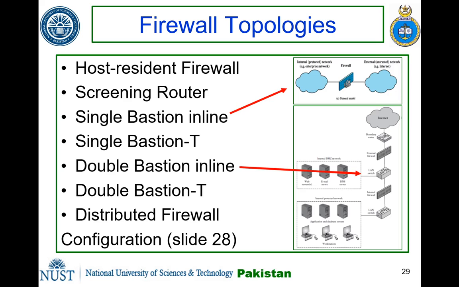Single bastion inline: a single firewall device between an internal and external router, as shown on the upper figure. The firewall may implement stateful filters and application proxies. This is the typical firewall appliance configuration for small to medium-sized organizations.